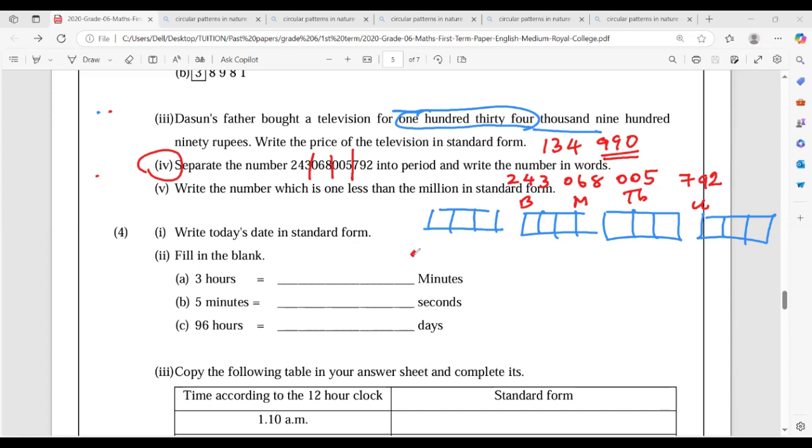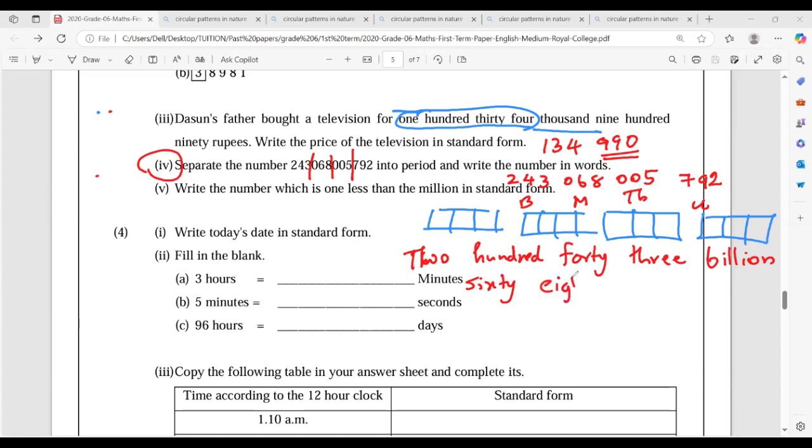If you write this number in words, it is going to be 243 billion, 68 million, 5,792. What is 243? 243 billion. What is 68? 68 million.